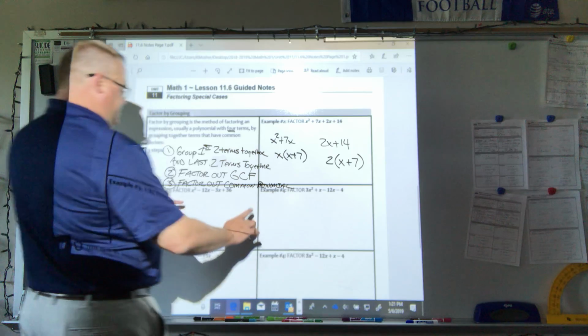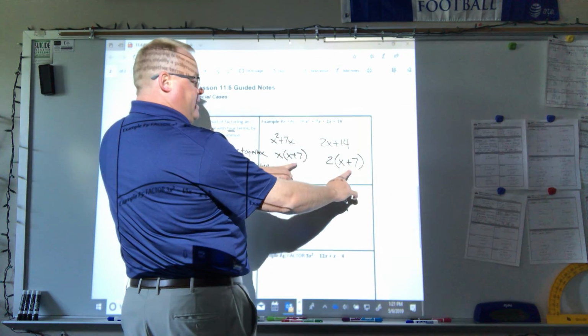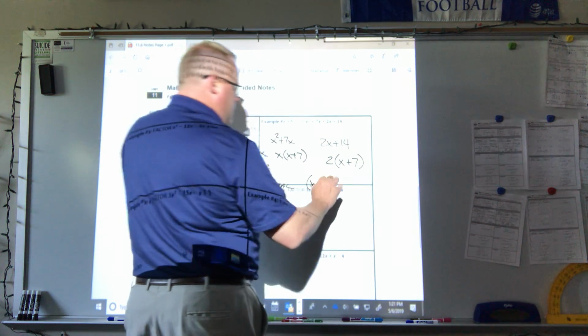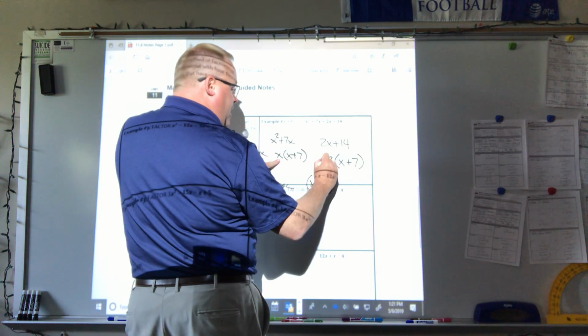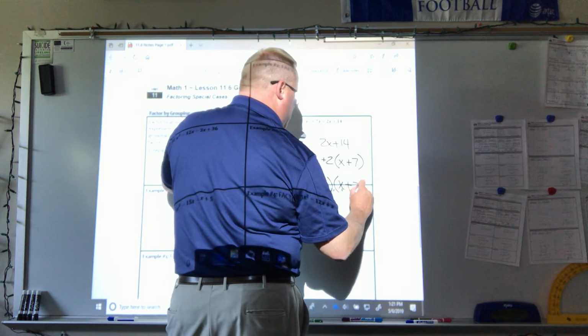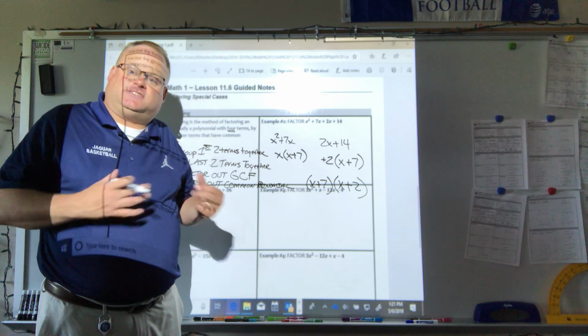So here we go. Step 3, factor out a common binomial. Great. Well, what's the common binomial? x plus 7. What was times those? An x and a 2. Well, this 2 is positive, so it becomes my second binomial, x plus 2. Now, I know some of you are going to ask, does the order matter?